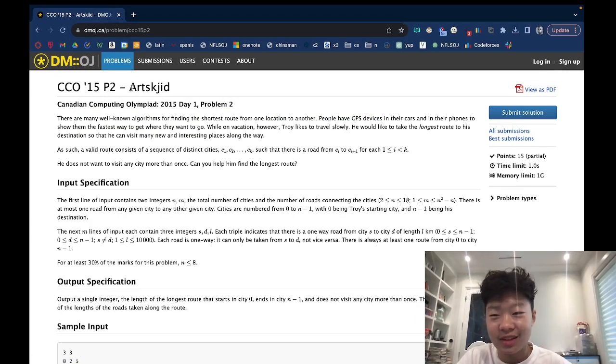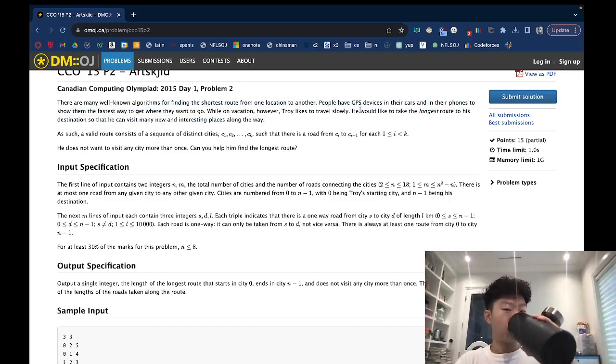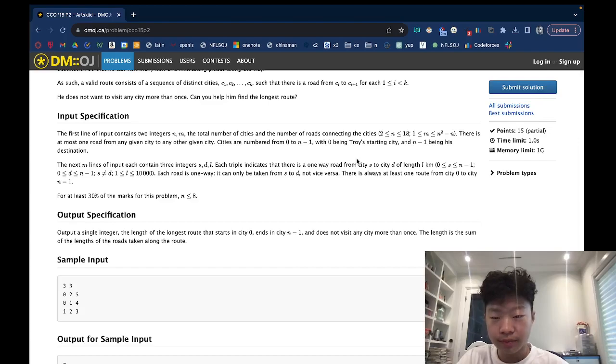Okay. Arkstid. Dijkstra. He'd like to find the longest route to his destination, right? Okay. So you know the answer to the traveling salesman problem, right?